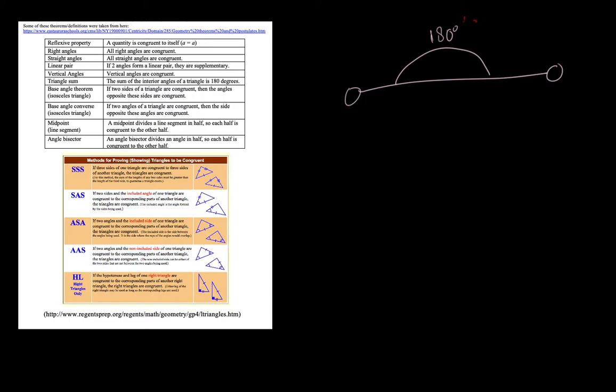Okay, linear pair. If two angles form a linear pair, they are supplementary. So a linear pair looks like this.